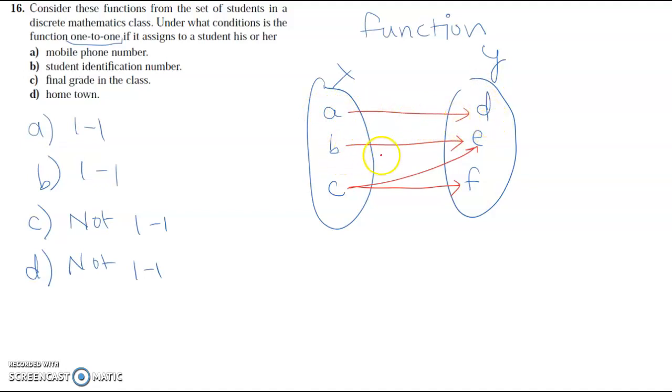If I put B in, I will be getting out E. So far, so good. So far, it's a function. But here is where the problem arises. If I put C, then I could be either getting E or F. So this is the definition against function. So this is the case where this mapping would not be a function.